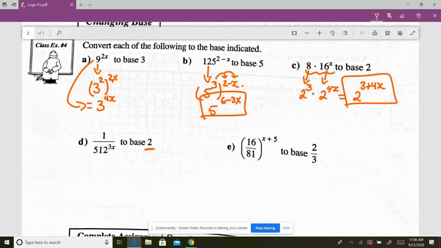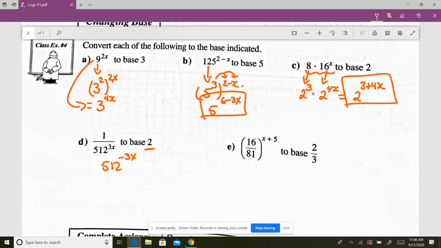So how do I take this fraction so that the 1 is the bottom of the 5? You make it 512 to the power of negative 3x. Same thing, right?